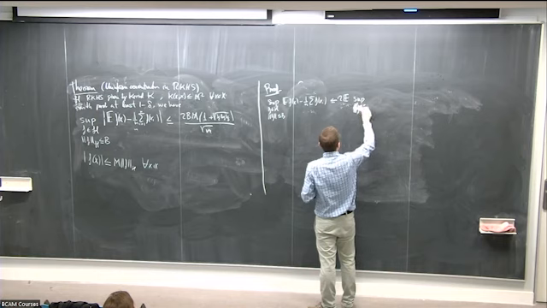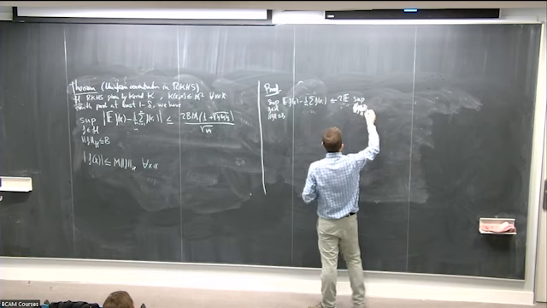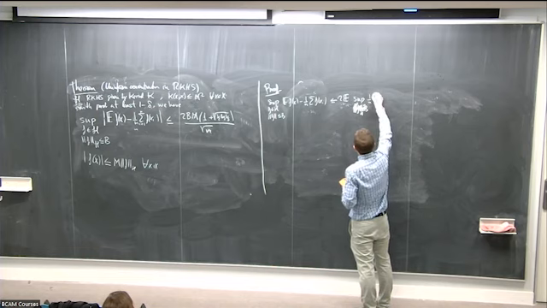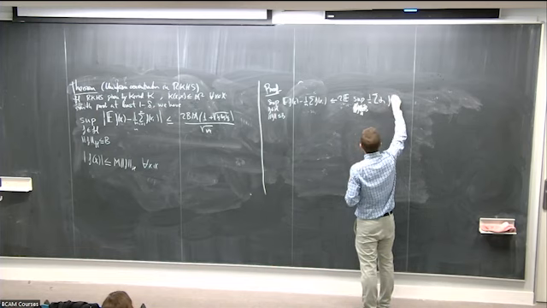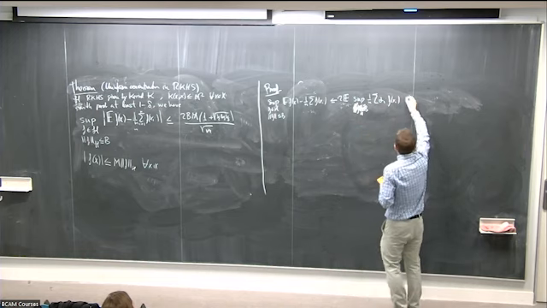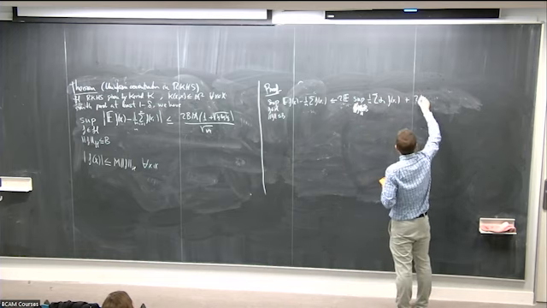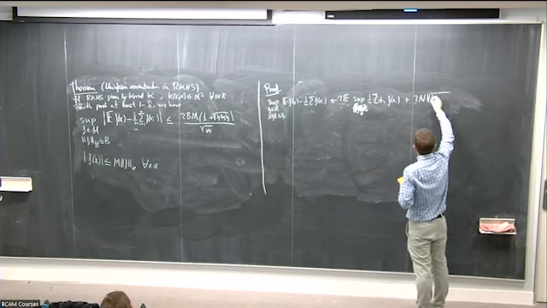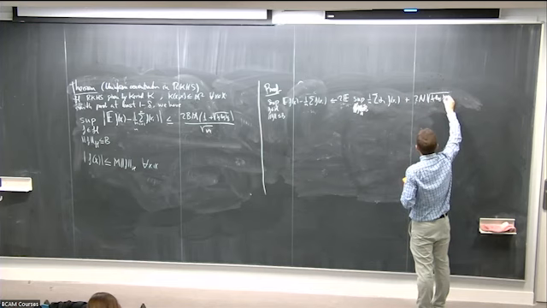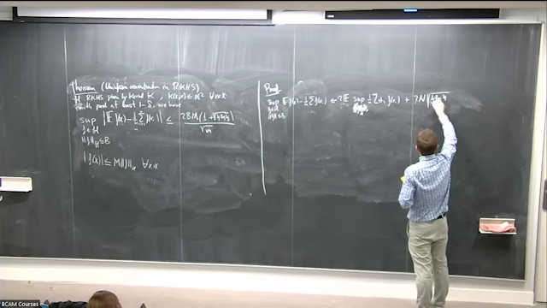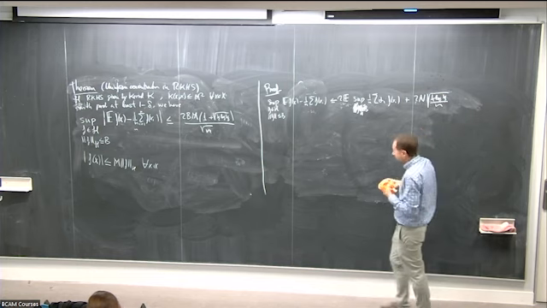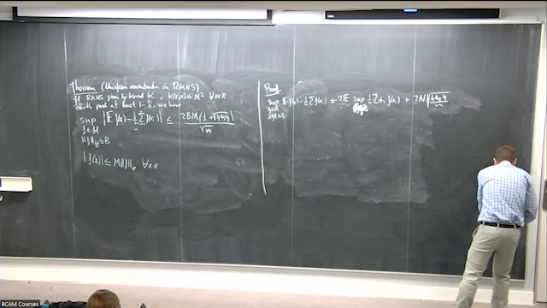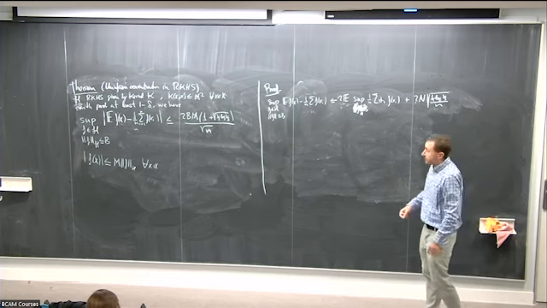Just the norm is smaller than b, and then 1 over n sum of sigma i f of x i, and then we had the term 2n square root of 1/2 log of 1 over delta. Okay, so this is just using the previous result.